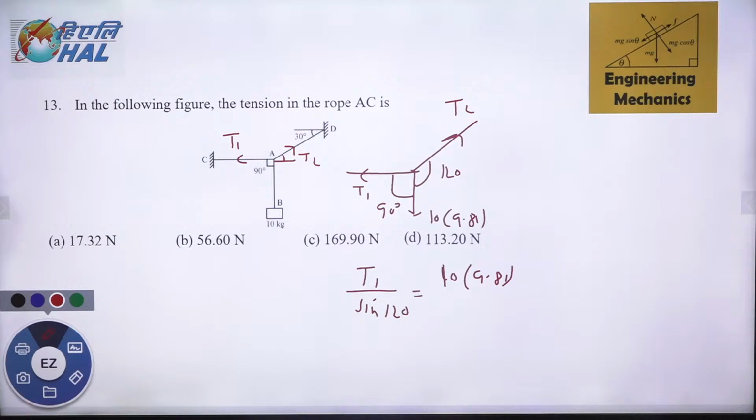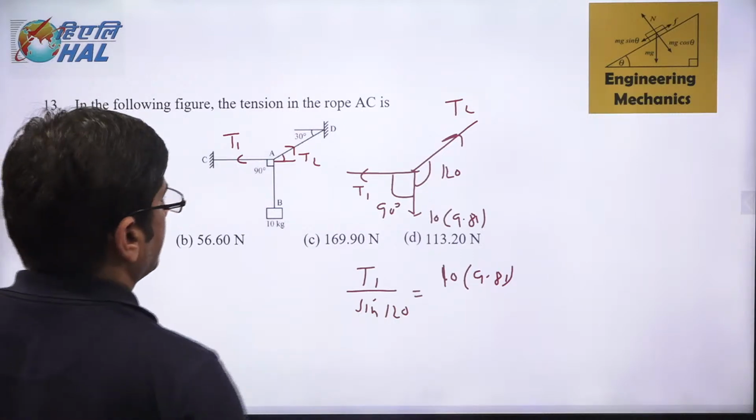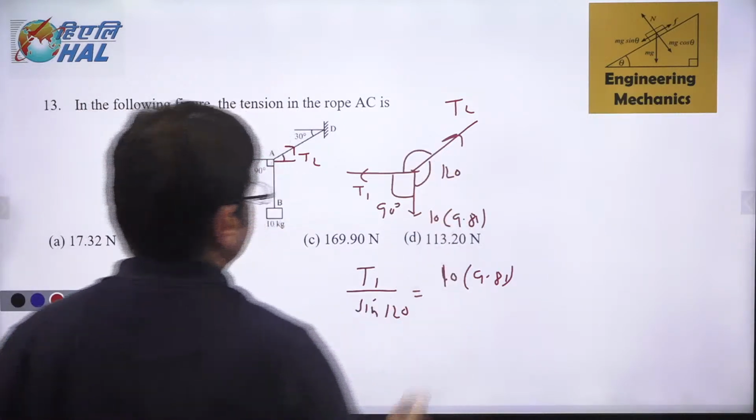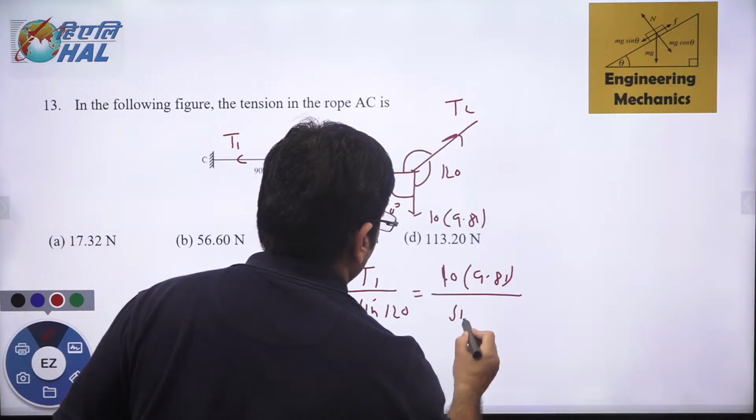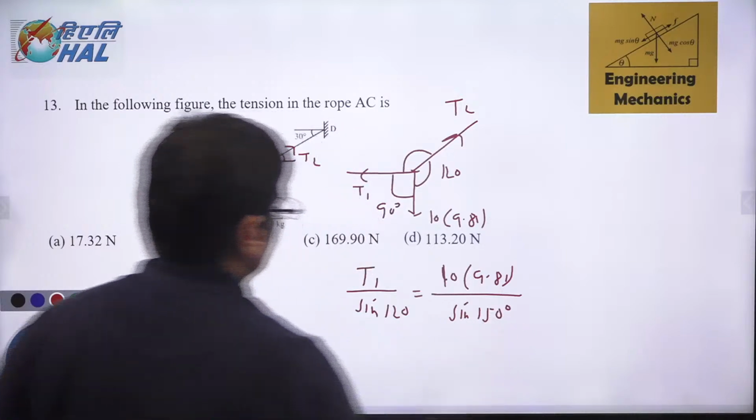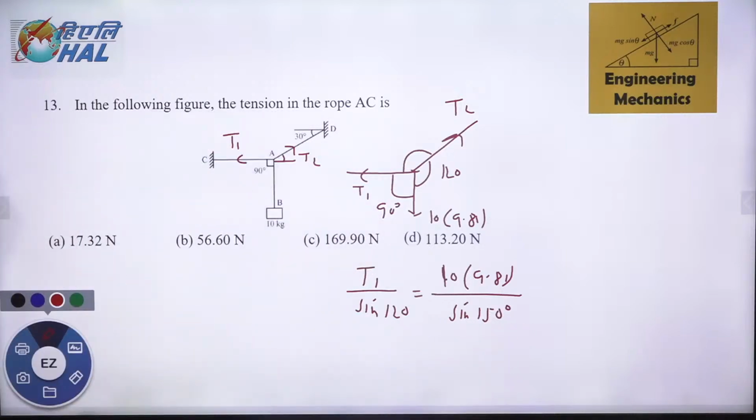T1 over this angle, which is 120 plus 90, 210, so 150, equals 10 into 9.81 over sine of 150 degrees. What is the value of T1? That is what we want to calculate. The value of T1 in this case comes out to be 169.91.